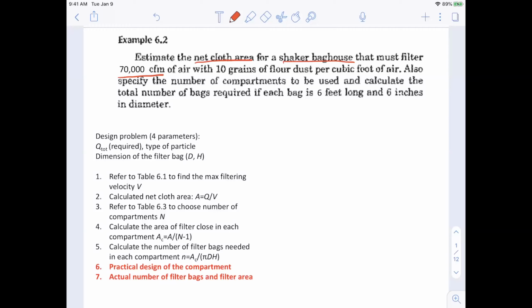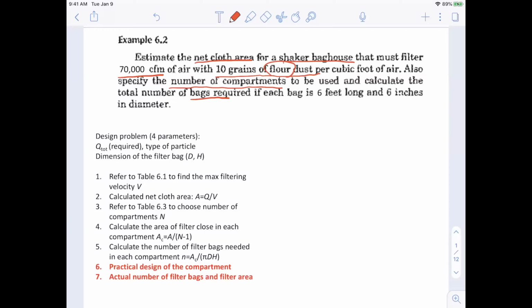It has a certain concentration of particles, and it specifically mentions that this is flour dust. It also wants us to specify the number of compartments we need for this baghouse filter system, and calculate the total number of bags.